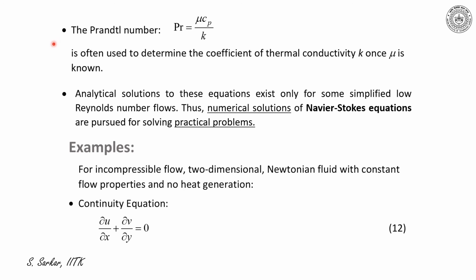The Prandtl number Pr is equal to mu Cp by K is often used to determine the coefficient of thermal conductivity K once the coefficient of viscosity mu is evaluated for a given temperature T. Furthermore, please note that analytical solution of this equation exists only for some simplified low Reynolds number flows.